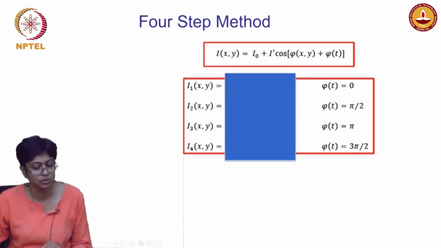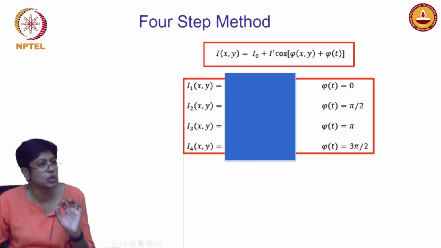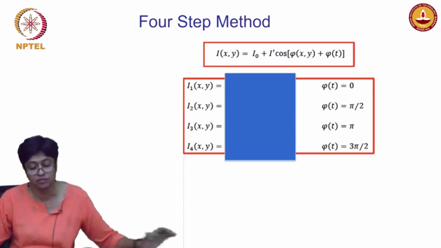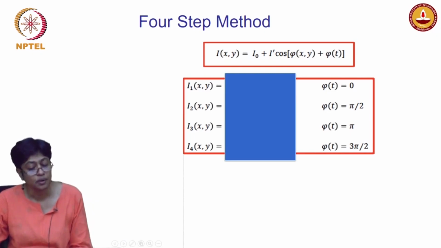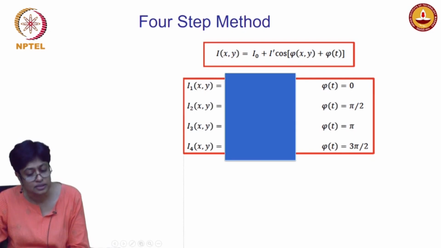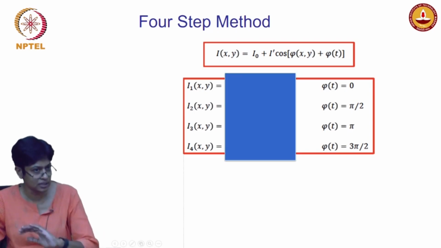So, what does that allow you to do? My initial equation is this. Now, let's say we pick those known phase shifts not to be some random value, but some specific value, and let's say we use the values that I have listed over here. So, my initial expression is I naught plus I dash into cos psi of this, right? But now I am adding an extra psi, and initially it is 0, so I have the original expression.